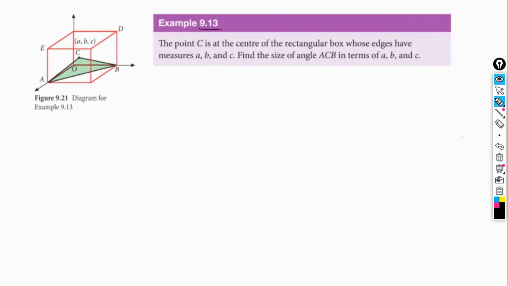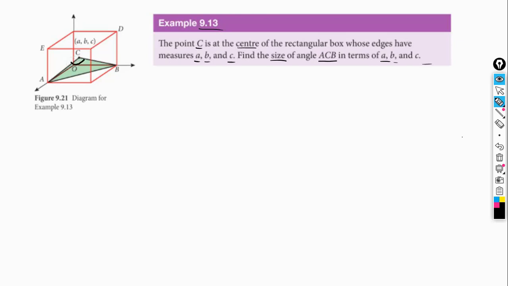It says, the point C is at the center of the rectangular box whose edges have measures A, B, and C. Find the size of angle ACB in terms of A, B, and C. So they want us to find the size of this angle here.